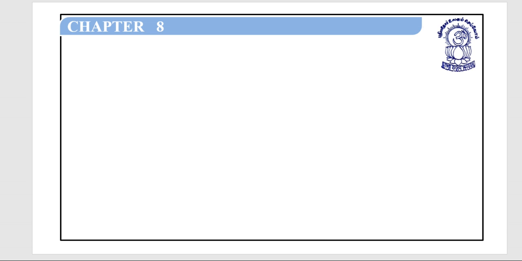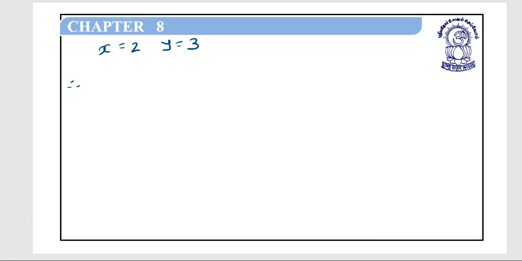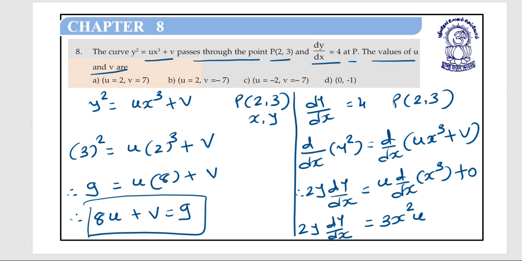So put x is equal to 2 and y is equal to 3. So 2y dy by dx is equal to 3x square u.